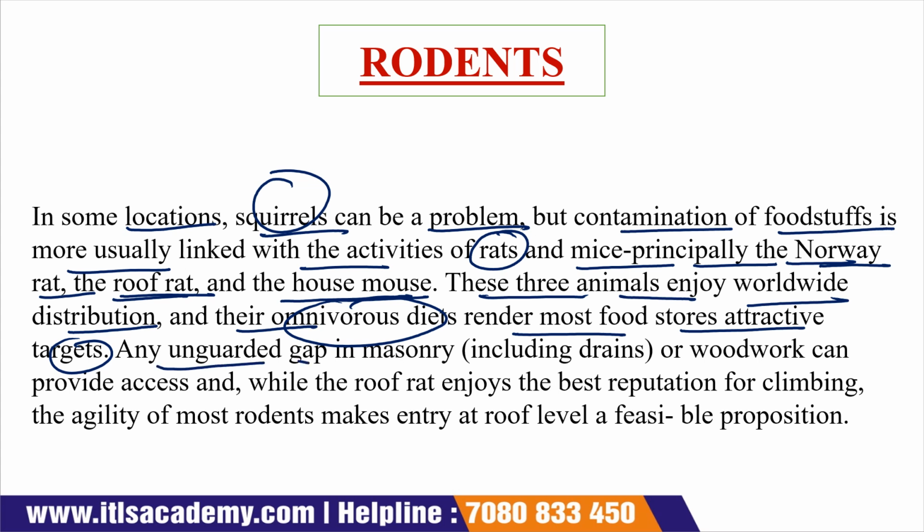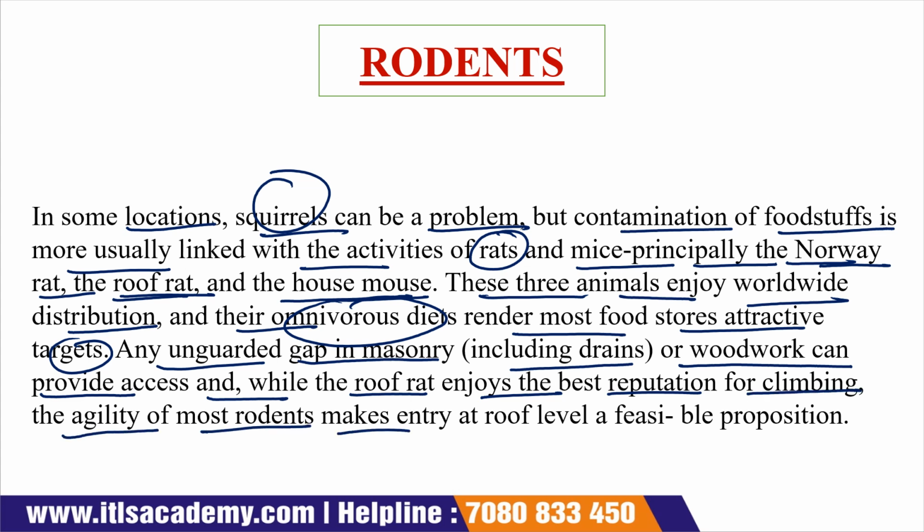Any unguarded gap in masonry, including the drainage or woodwork, can provide access, and while the roof rat enjoys the best reputation for climbing, the agility of most rodents makes an entry at roof level a feasible proposition.